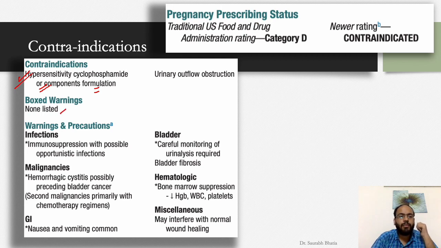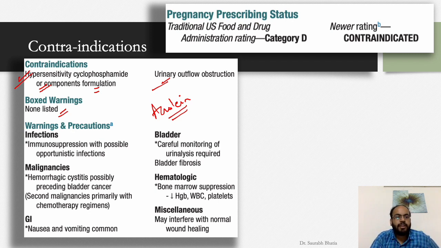None of the warnings have been listed in the box. And urinary flow obstruction. Now remember that acrolein, one of the toxic metabolites of cyclophosphamide and hydroxycyclophosphamide, is responsible for genitourinary side effects. So if there's urinary outflow obstruction, it will be in contact with bladder mucosa for a longer duration, leading to increased chance of bladder carcinoma.